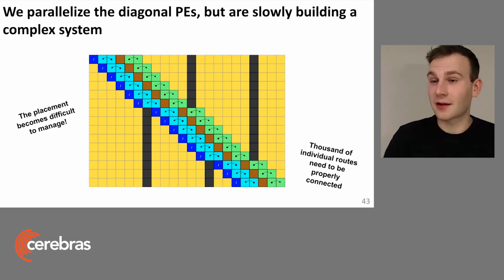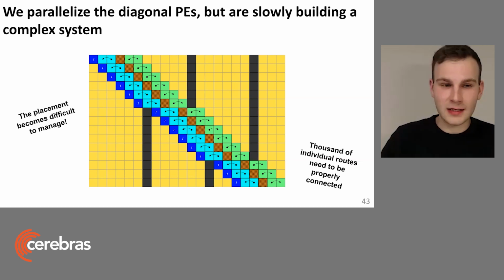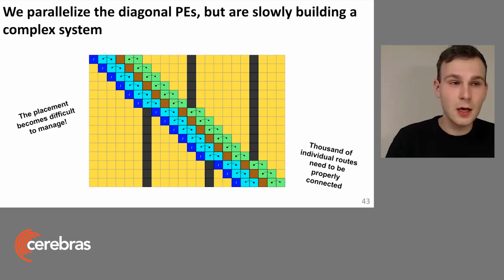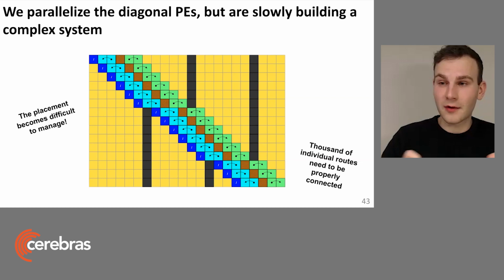So we want to have something that checks if everything is in the right order, and something that verifies that everything is connected properly, because not only do we have to place the code files with the functionality and assign it to each and every single PE, we also have to check that all the colors and the routes and everything is connected and properly set up.